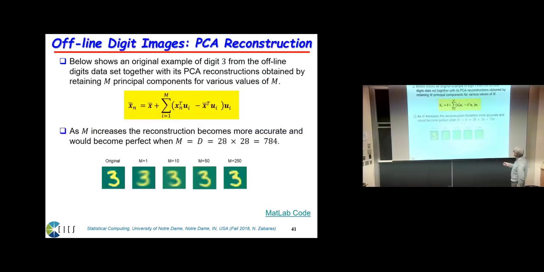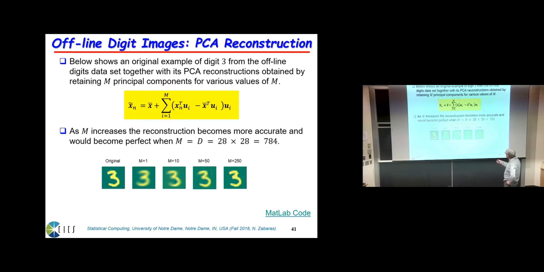And so you can see here the approximation of the digit 3. Let's say this is your original digit 3, and this is the reconstruction from a one-dimensional subspace. That's not bad. You take an image in high dimensions, you project it onto vector u1, and you get this.